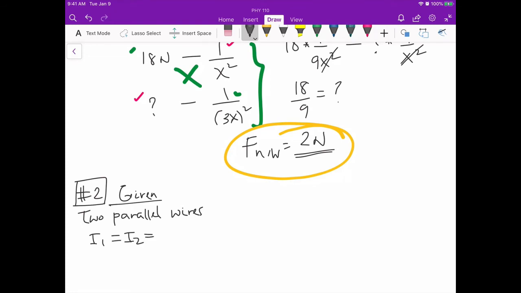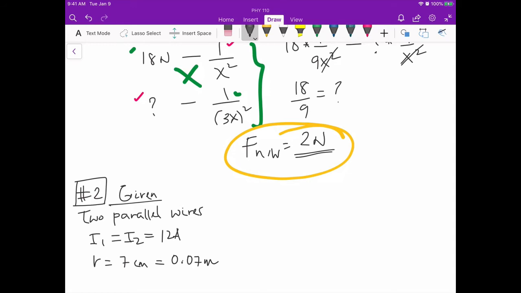So I1 and I2 equal 12 ampere. Both are carrying 12 ampere. They lie a distance apart, represented as R, of 7 centimeter. If you convert this to meter, it will be 0.07 meter.